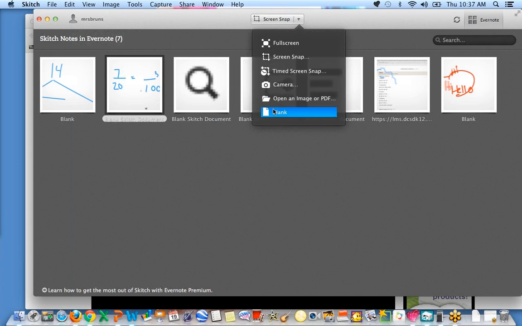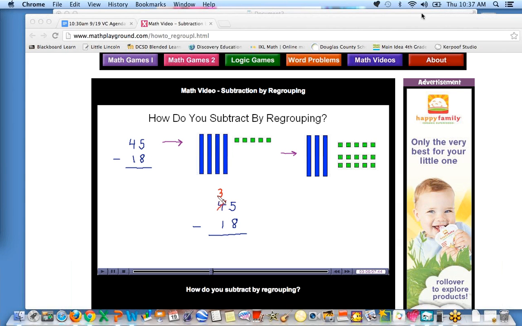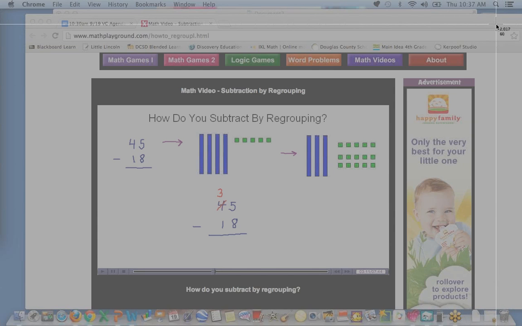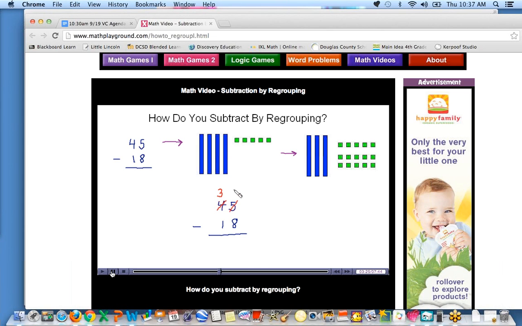So we're taking 1 ten away. So let's cross out the 4 and we'll write the number 3 above it. That shows that we now have 3 tens. The ten that we are going to regroup is going to become 10 ones. And we're going to add it to the 5 ones we already have. So that will give us 15 ones. So we can cross out the 5.